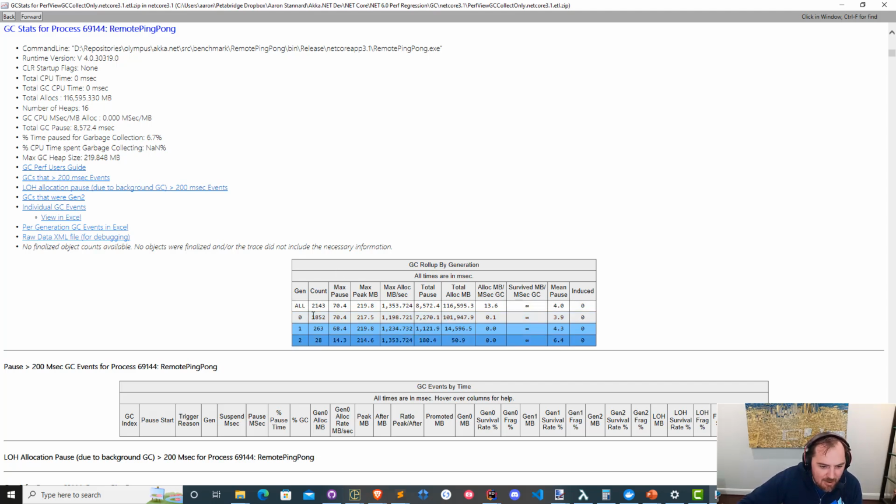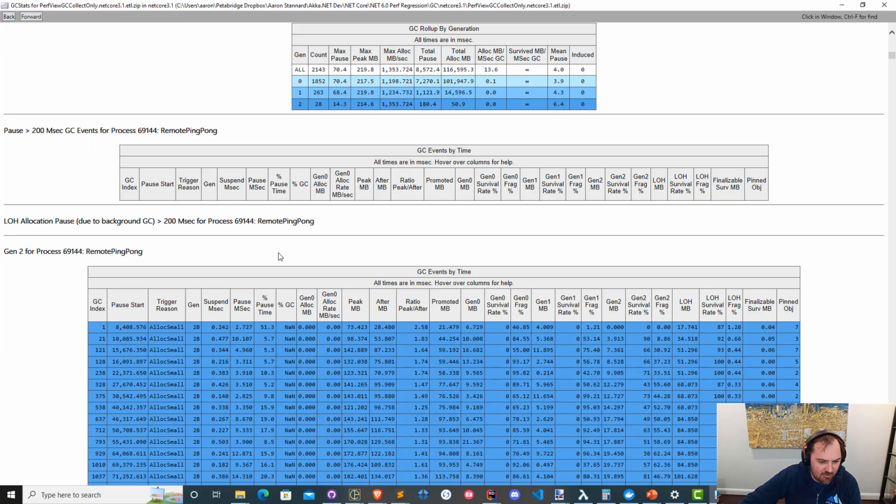And we can see the amount of collections that we had per generation: about 1,850 Gen 0 collections, 263 Gen 1, 28 Gen 2. So this is about what I would expect from a standard .NET application. I expect to see a lot of Gen 0, some Gen 1, not very much Gen 2. That's generally a good mix.